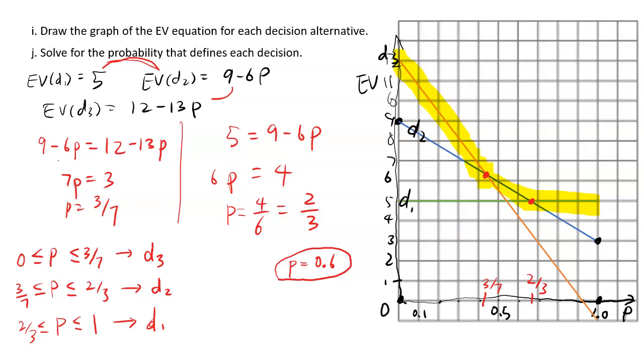So even if the probability changes from 60%, if it's decreased slightly, you should still go with D2, but once it falls below 3/7, which is like 57%, then you should change your strategy and go with D3. So that's what probability sensitivity analysis does. Such an analysis is called sensitivity analysis.